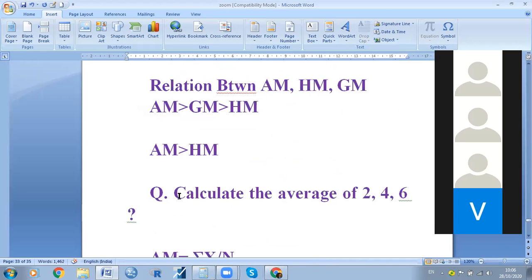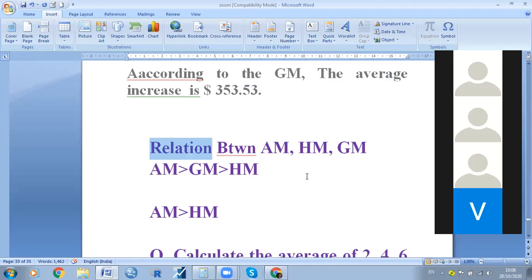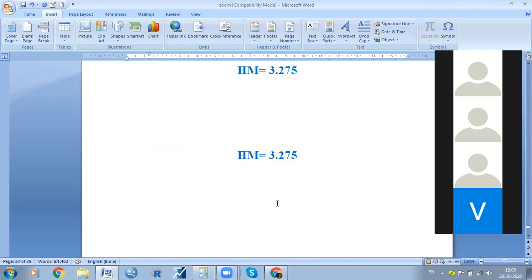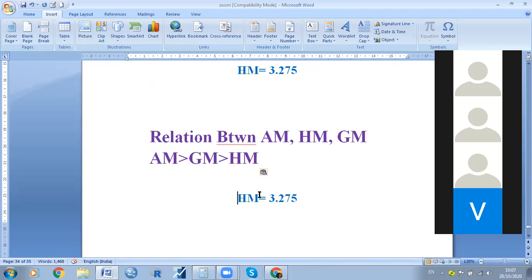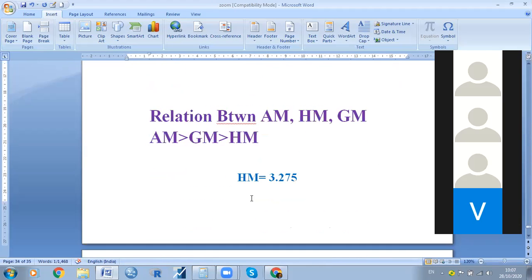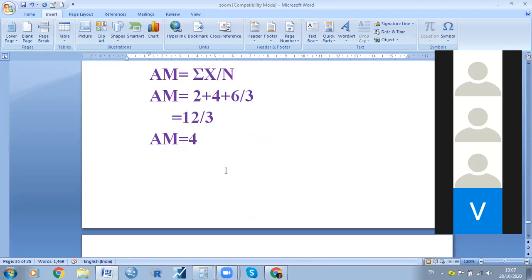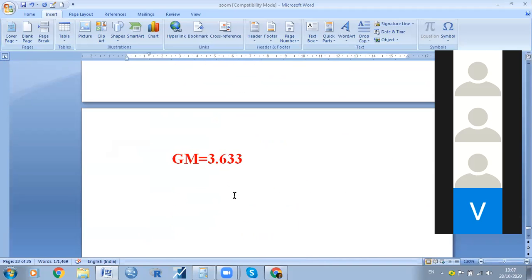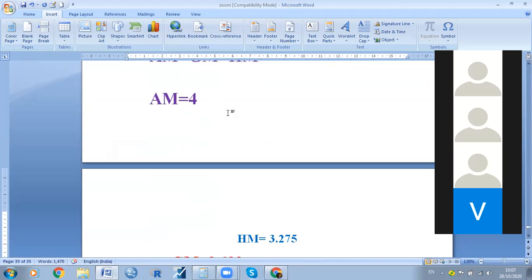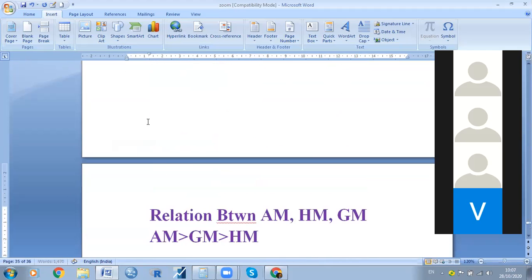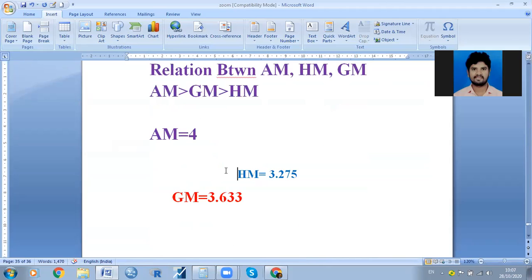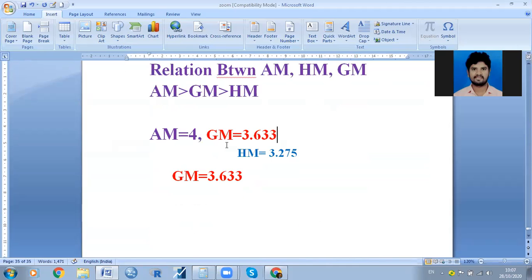When you take these values, the harmonic mean value, the geometric mean value, and the arithmetic mean value: the arithmetic mean value is 4, the geometric mean value is 3.63, and the harmonic mean value is 3.27.